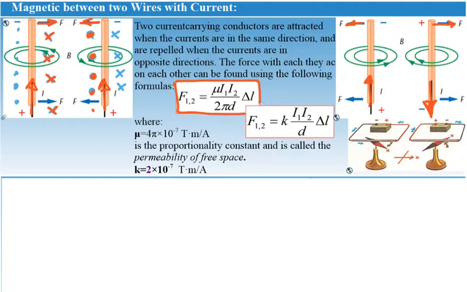So it is mu, the permeability of free space, divided by 2 pi, then I have the currents in both wires, I1, I2, divided by how far they are from each other, which is the distance between them, and times L, the length of those wires that are in contact with each other.